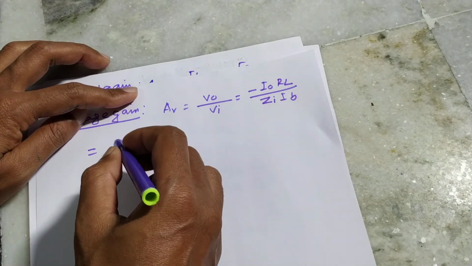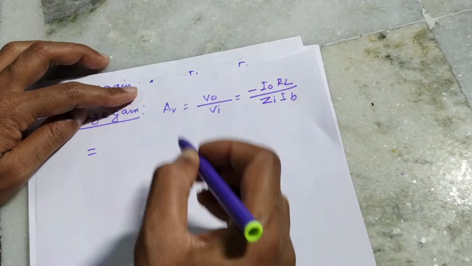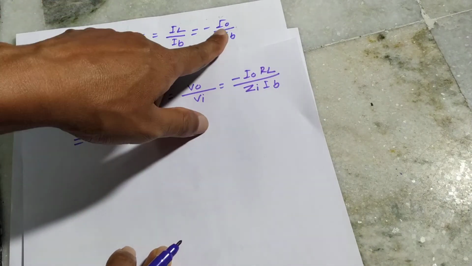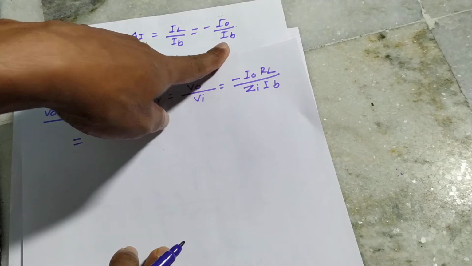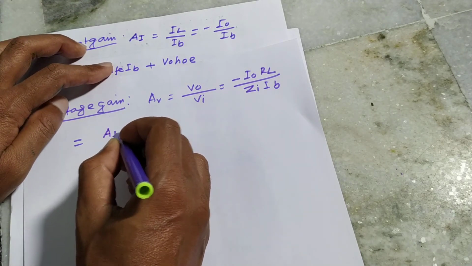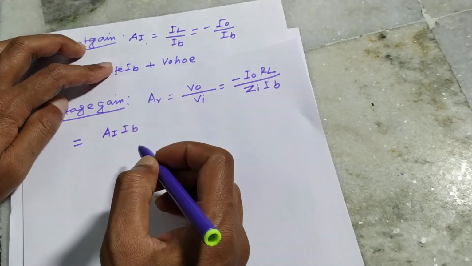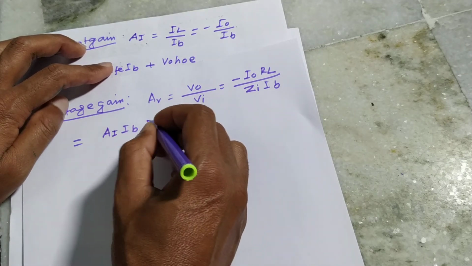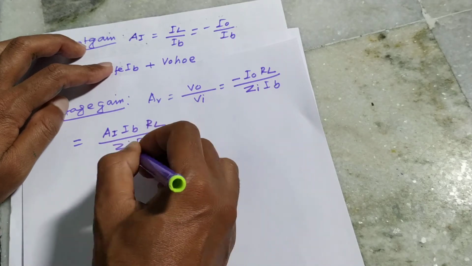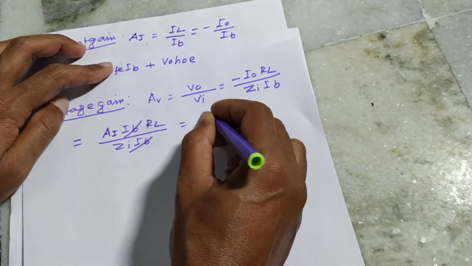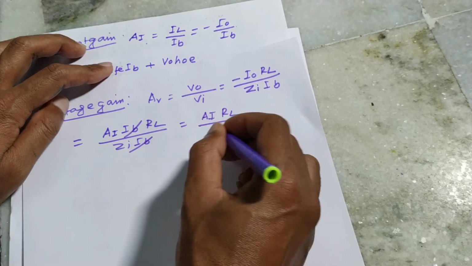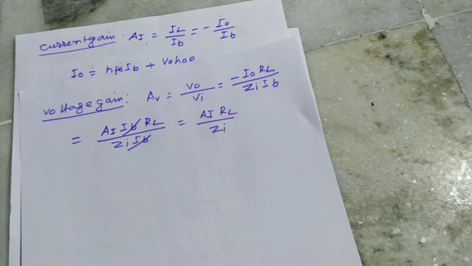We already have minus I0 equal to AI into IB, so I can write AI into IB is the minus I0 into RL by ZI into IB. IB will be cancelled, so AI RL by ZI. This is the voltage gain.